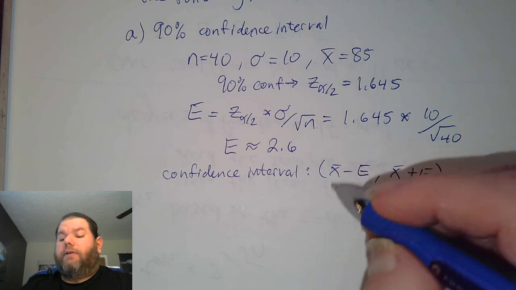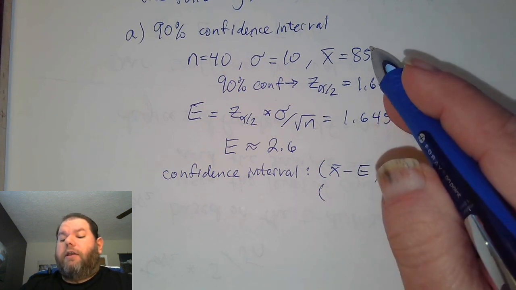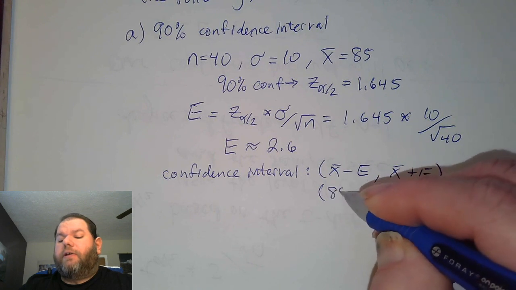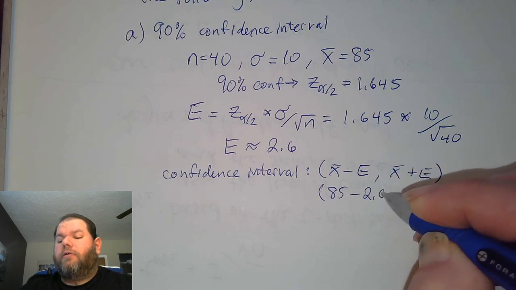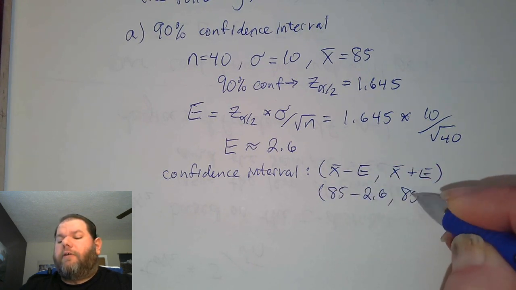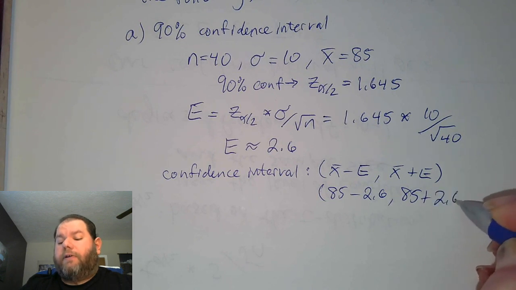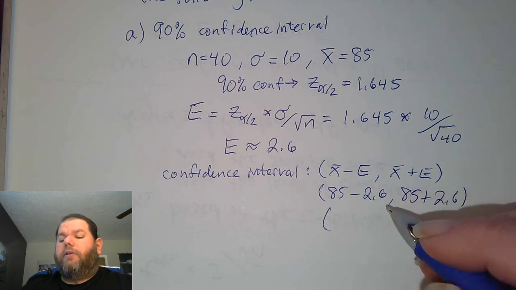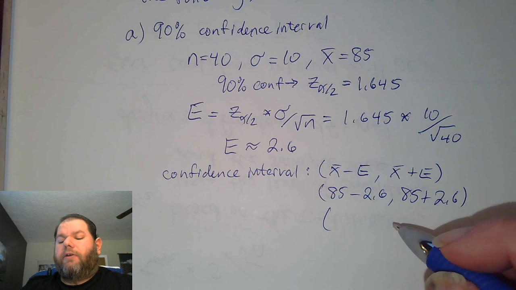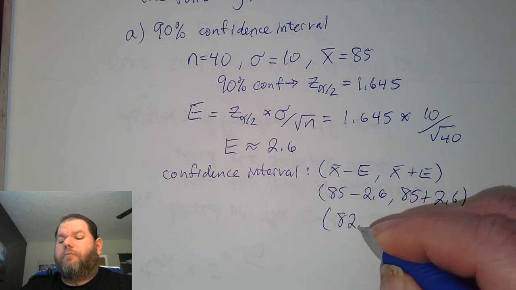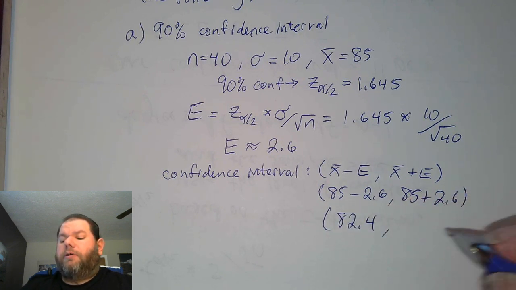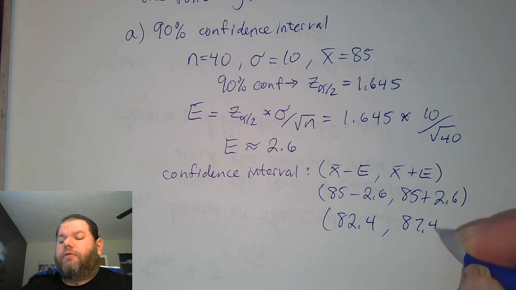So in this case, we'll get 85 minus 2.6 and 85 plus 2.6. And so working that out, that would be 82.4, comma, 87.4.